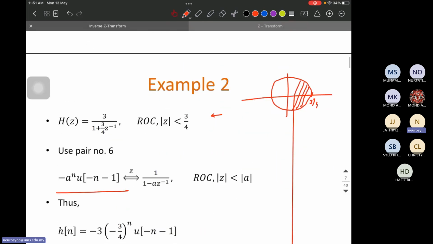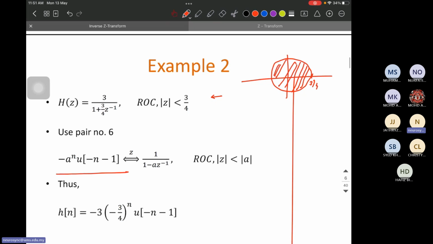For interior ROC, or left sided ROC, the signal should also be left sided. Therefore, we should use this formula, u of minus n minus 1 with a minus sign.